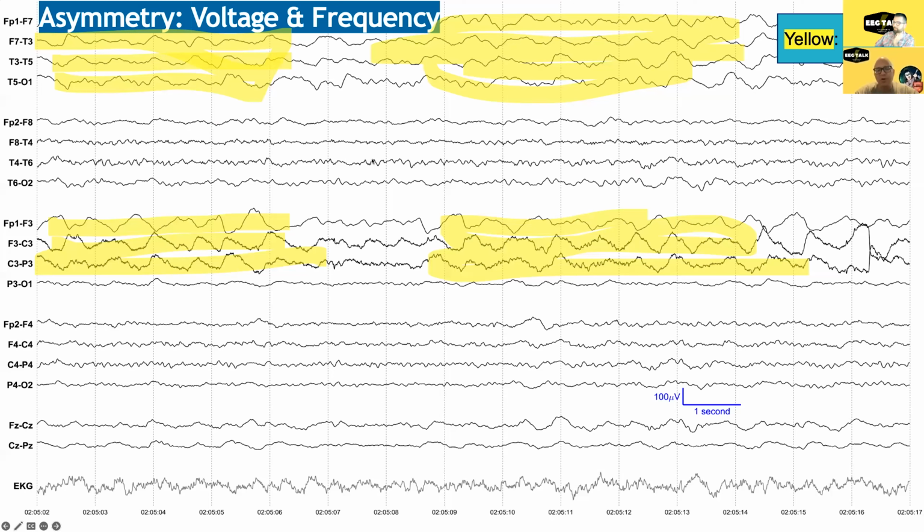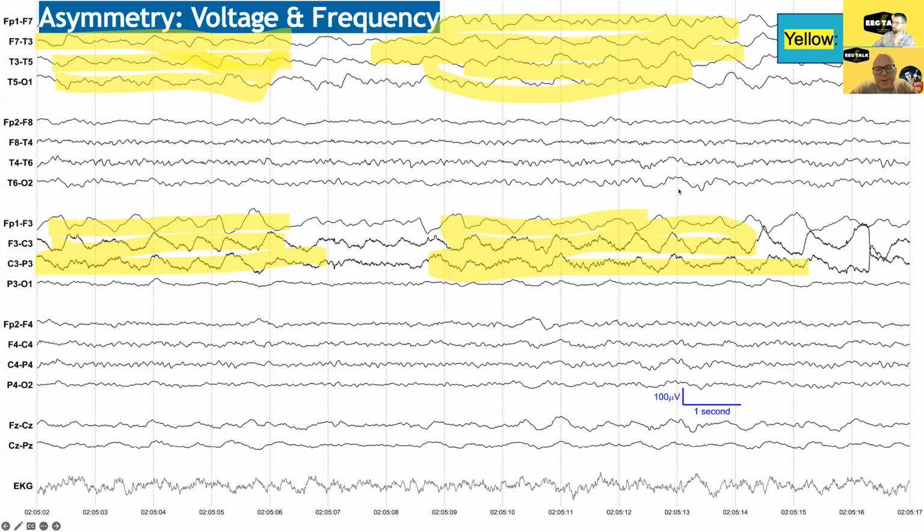Now, would you say that there's also generalized delta slowing? That is a good question. Let's look at the other side. Yeah, maybe a little bit here. Not as much though. I think it's more theta on the right, isn't it? Yeah, I think so.